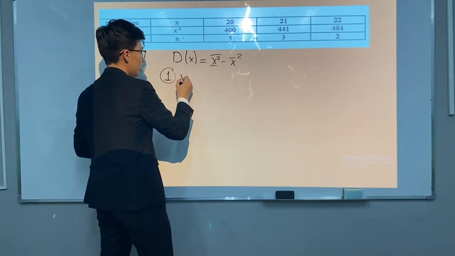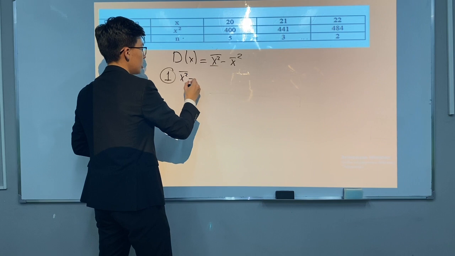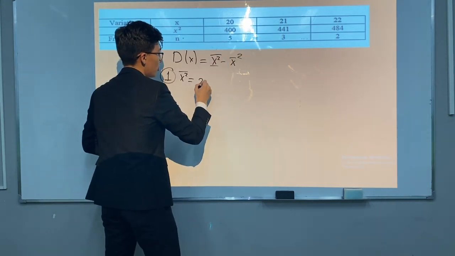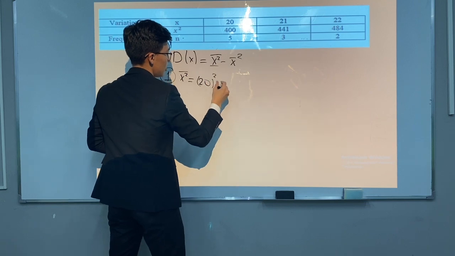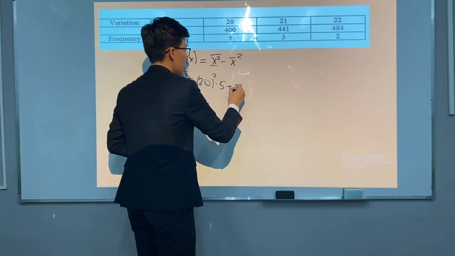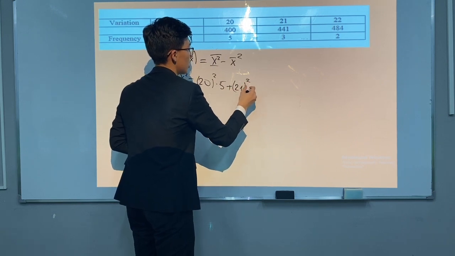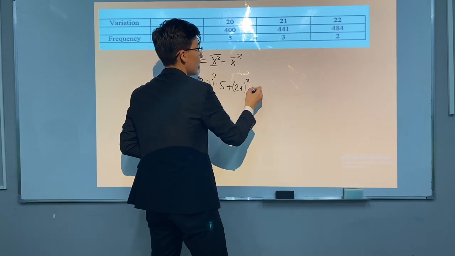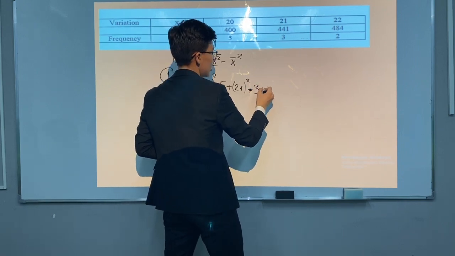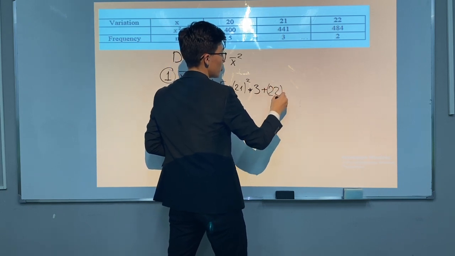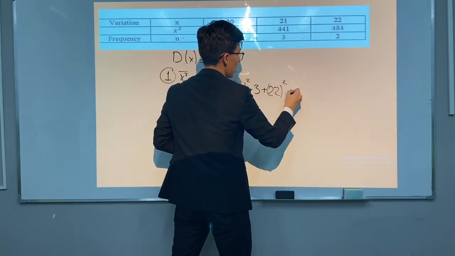Our first step is equal to the square of 20 times 5, added to the square of 21 times 3, plus the square of 22 times 2.